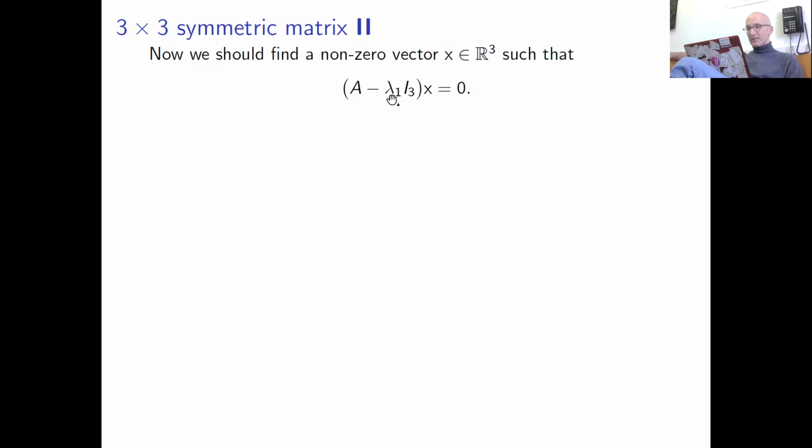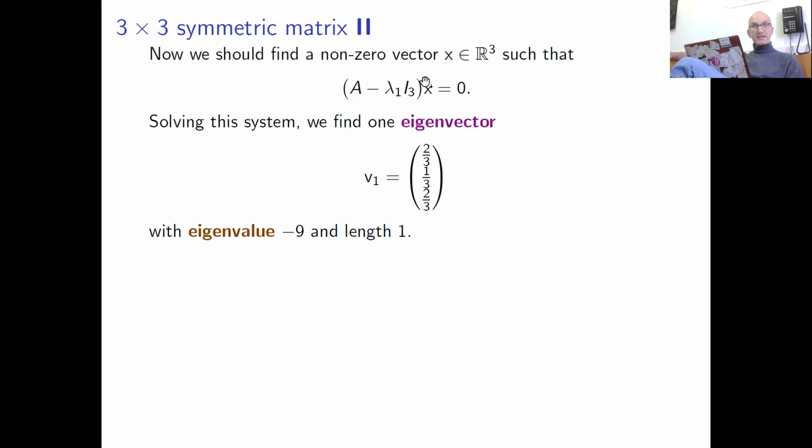Okay, we substitute here lambda 1 to be minus 9. We solve a system of 2 equations in 3 unknowns, and we find one eigenvector with eigenvalue minus 9.